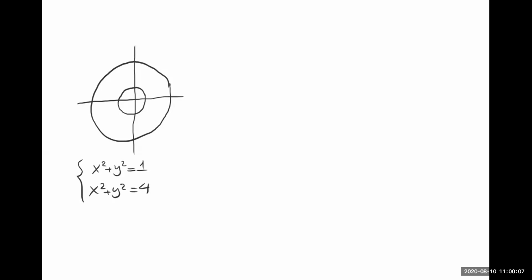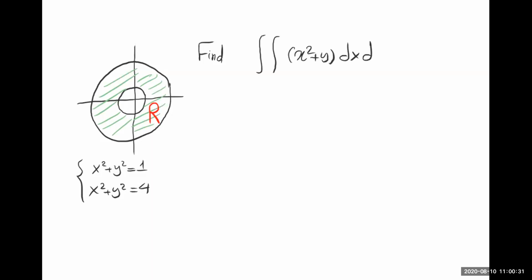So we have two circles. It says consider the region between them. Let's call this region R. The question says find this double integral of x squared plus y dx dy over the region R. Now, what does this really mean?